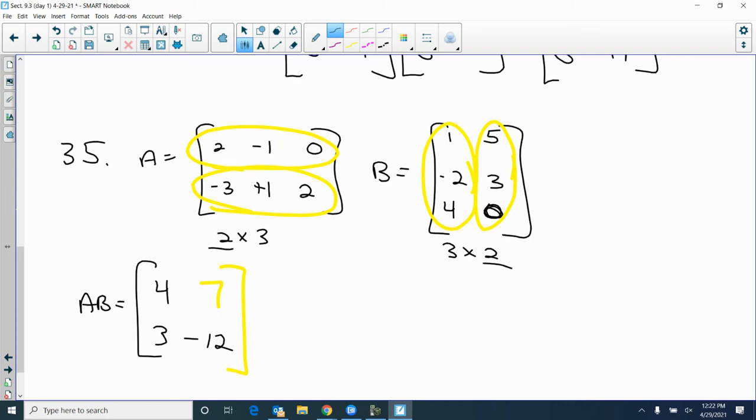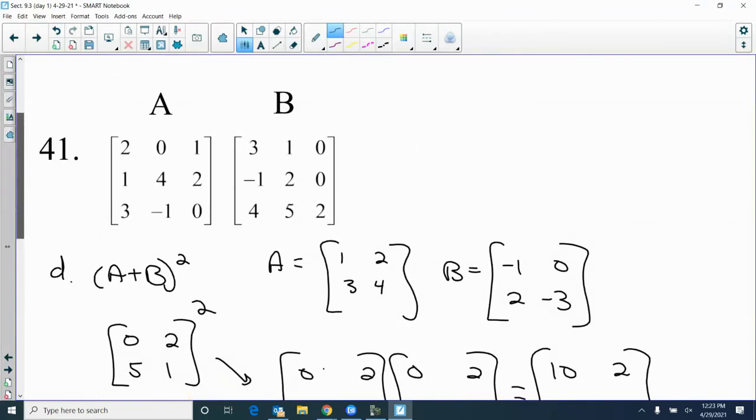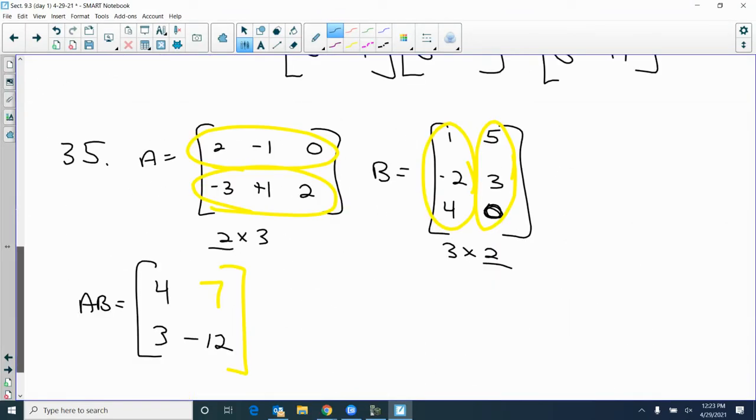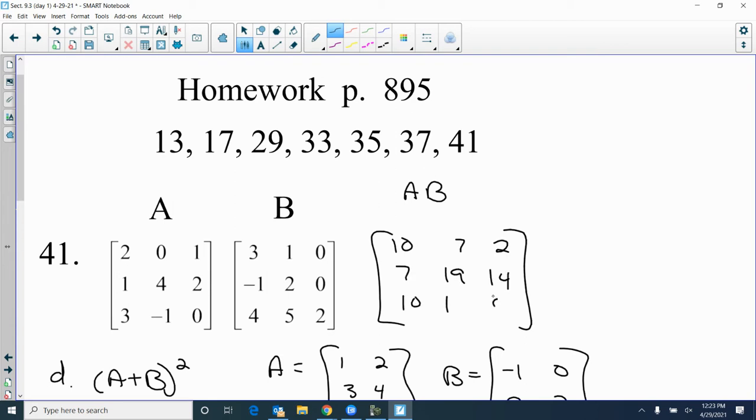All right. Lastly, 41. AB, go across the row, if you would, please? AB, Lizzie, what do you got? I got 10, 7, 2. Okay. 7, 19, 4, and 10, 1, 0. We agree? All right.